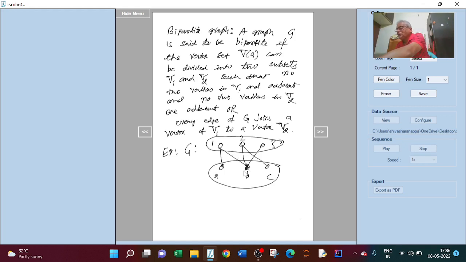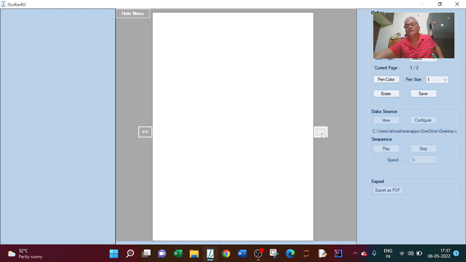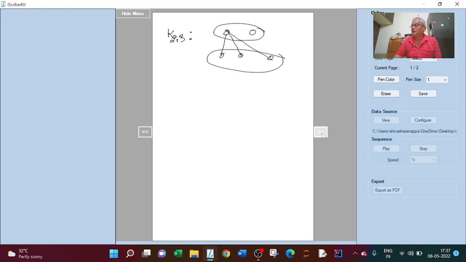Some examples of complete bipartite graphs: we write K2,3. Means here two vertices are here, three vertices are here. We join these vertices with these vertices. This is our K2,3.